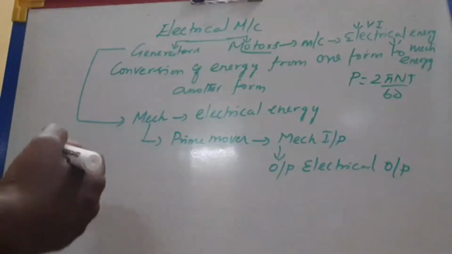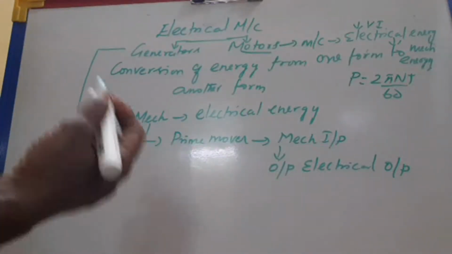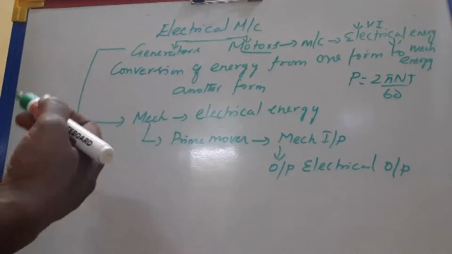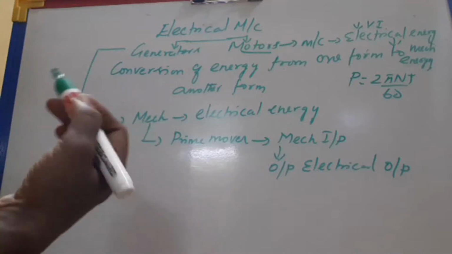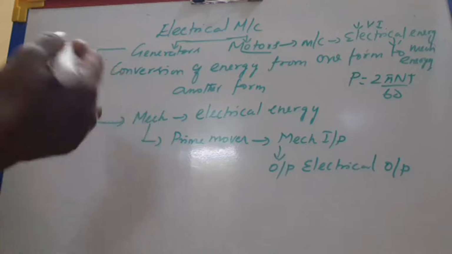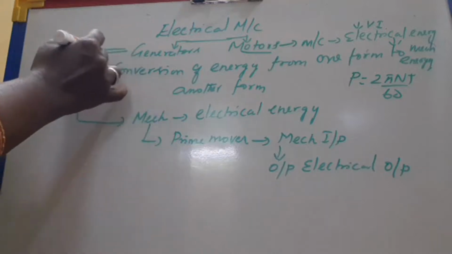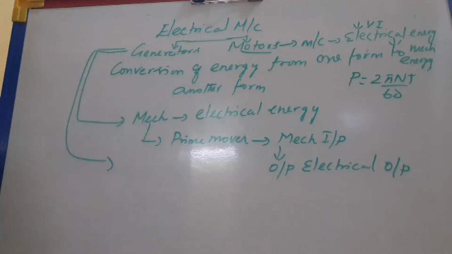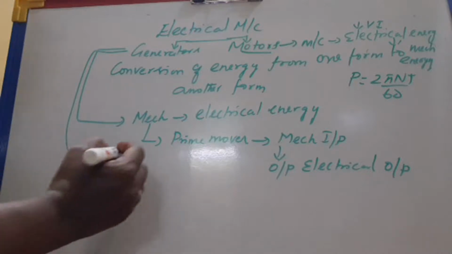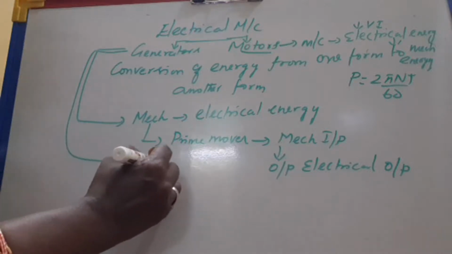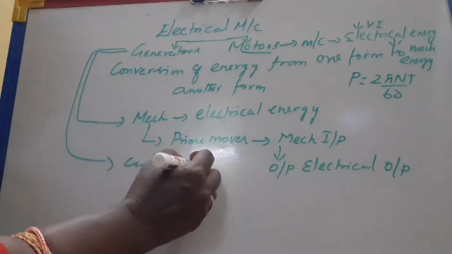Both machines: the one which converts electrical into mechanical is the motor, and mechanical to electrical is the generator. The working principle of both generator and motor is based on Faraday's laws of electromagnetic induction. Whenever a conductor cuts the flux, EMF is induced.